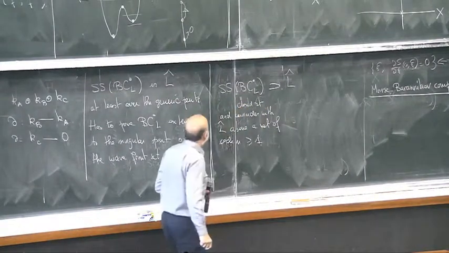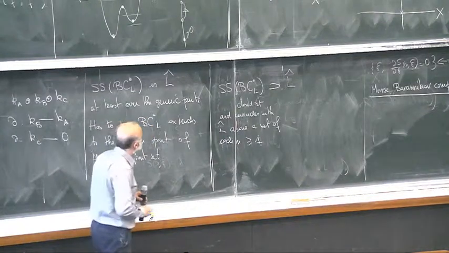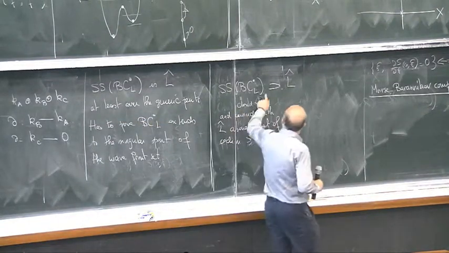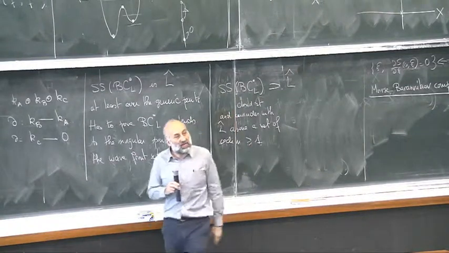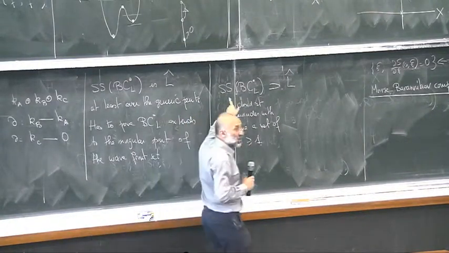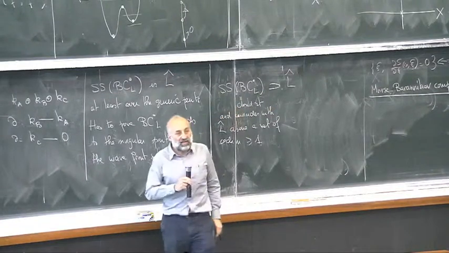At least 1. And so what you have to prove is that this construction does not add extra points to this singular support. That's where you have to be a little bit careful.